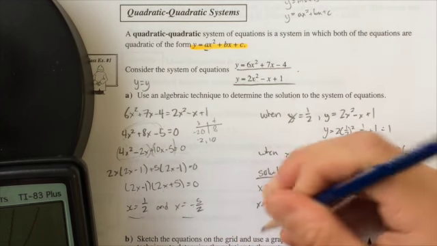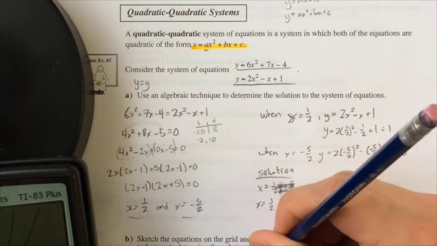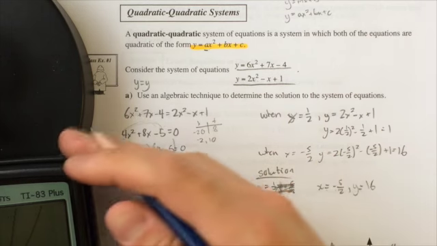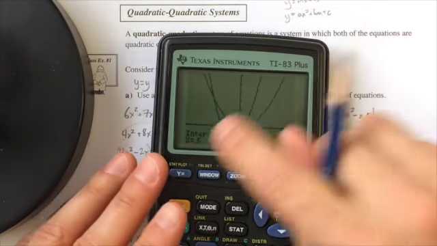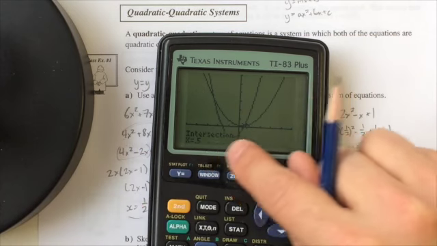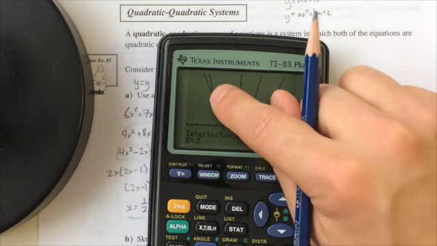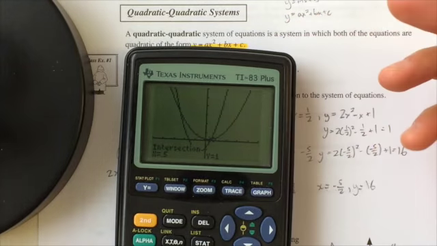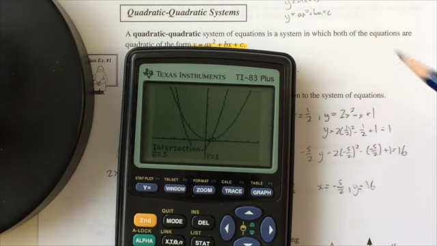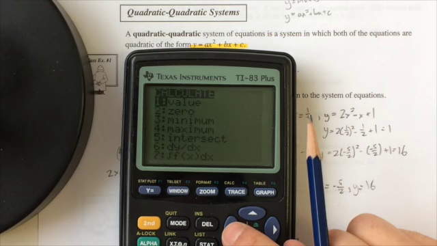And if we look at our systems of equations, then we would see that they do intersect at 2 points, right? So here, this was the first point at 1/2 and 1, and our second point is going to be here, and that should be at -5/2 and 16. But let's take a look.